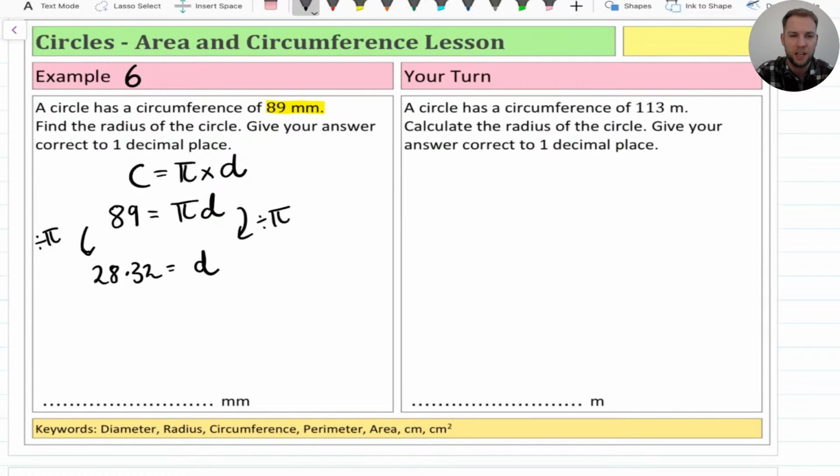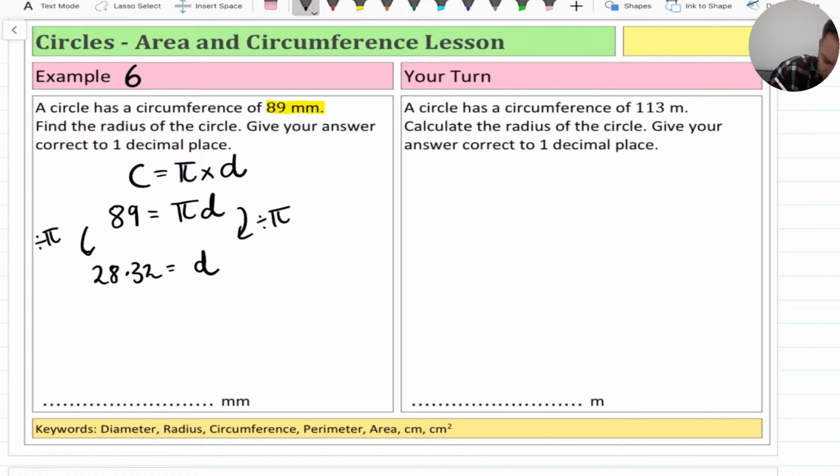But I haven't finished here because they're not asking for the diameter, they're asking for the radius. So how do I find my radius then? If I know what the diameter is, we need to divide by 2. Yeah, good.